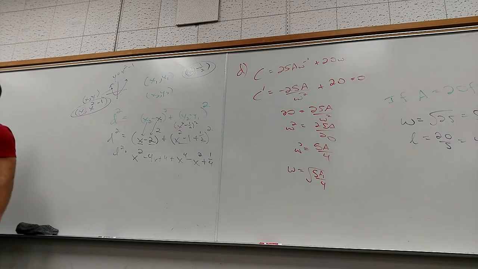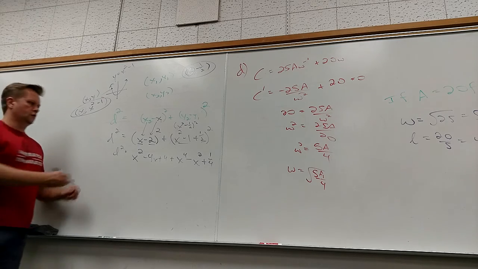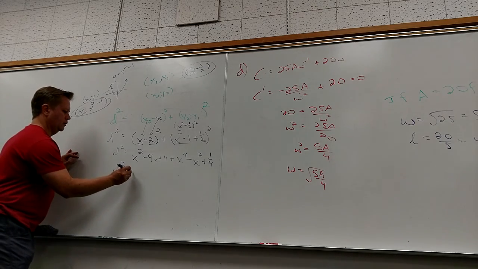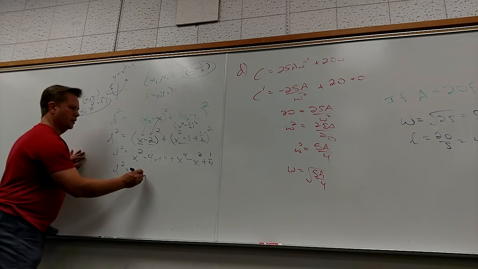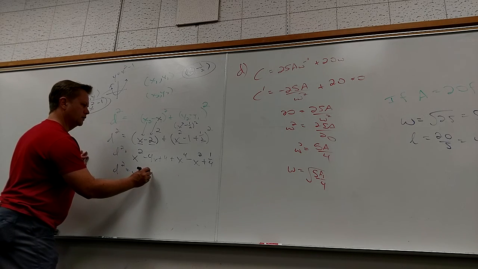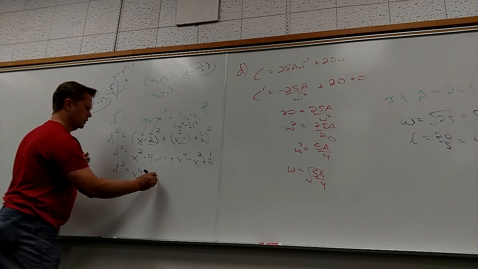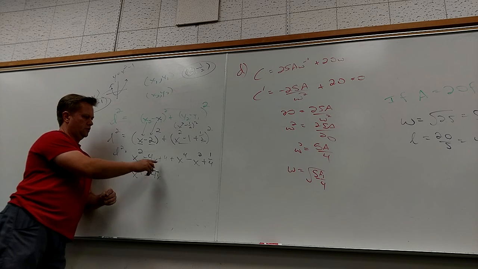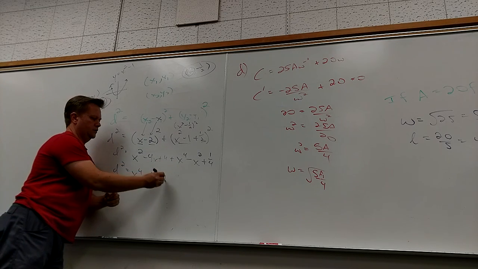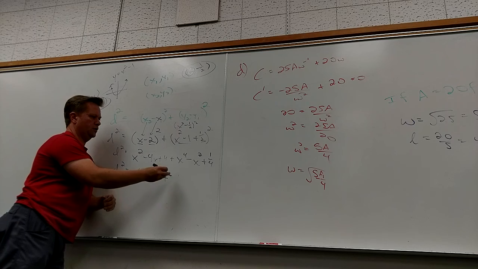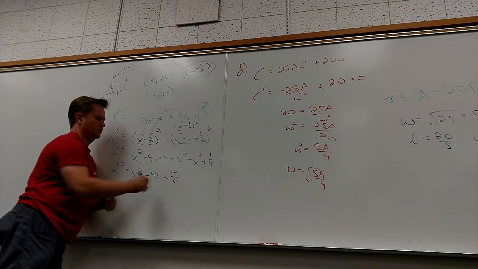Just a bunch of foiling, which shouldn't trouble you. So I get x to the 4th, let's see, minus 4x plus, what would that be? 17 fourths?